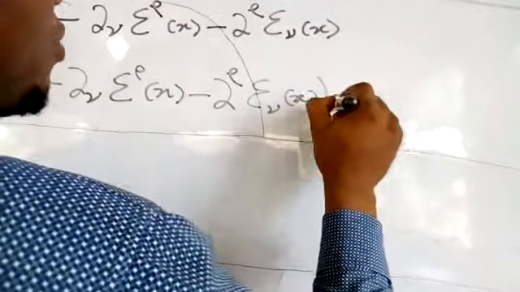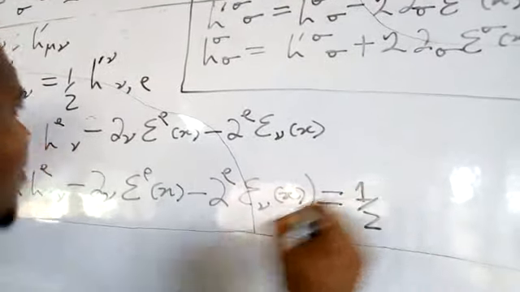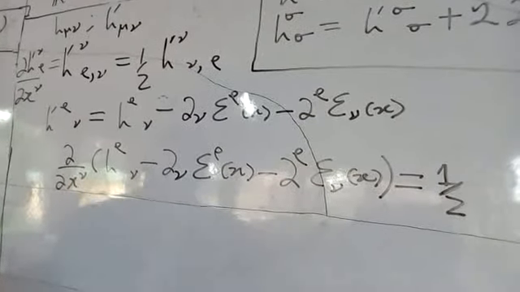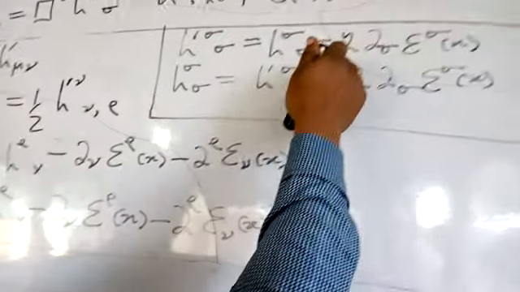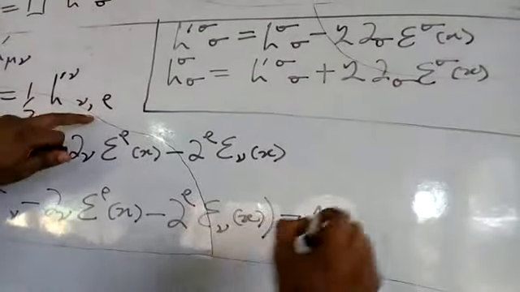And this should be equal to, looking at the right-hand side, this is half. I would like to write everything in terms of the unprimed quantity, and the unprimed quantity is given to us by that. That is differentiated with respect to x ρ, as denoted here.